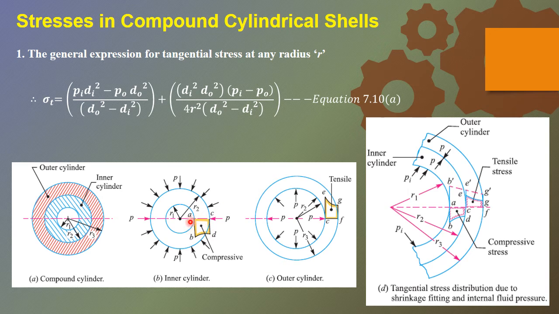Due to contact pressures, compressive stresses will be generated in the inner cylinder and tensile stresses will be generated in the outer cylinder. This is the pre-stressing that takes place. These are the two different stresses generated, and it is also shown here: compressive stress is induced in the inner cylinder, and tensile stress is induced in the outer cylinder.